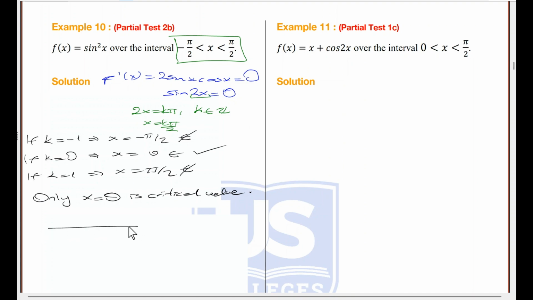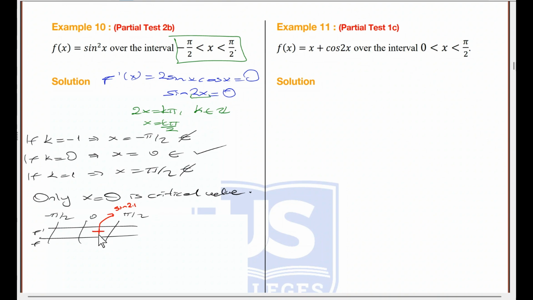So make a table by using only this 0 between negative pi over 2 and pi over 2, with f prime and f. Let's pick a value. I prefer to pick the value from the positive side. When you put 1, for example, sine 2 times 1, is that a positive result?